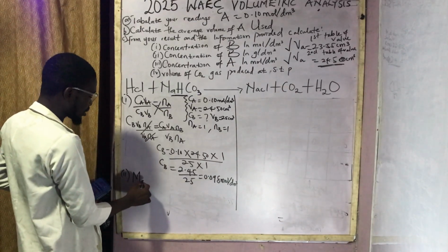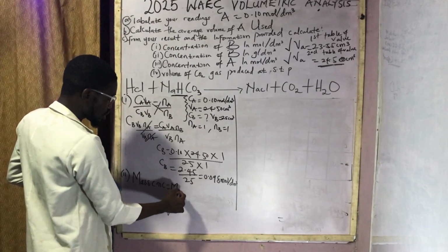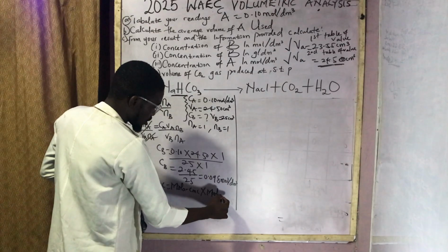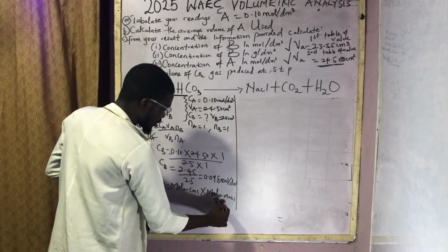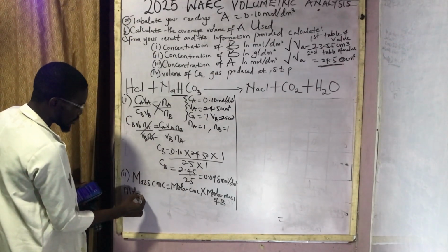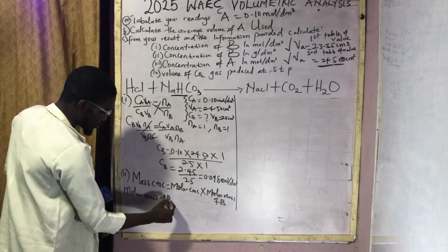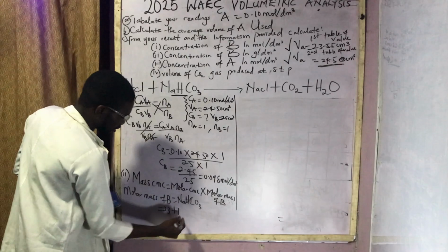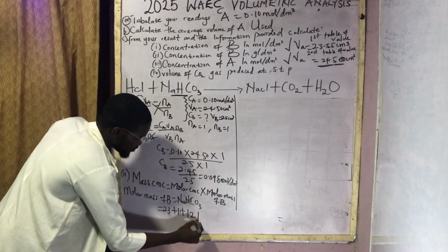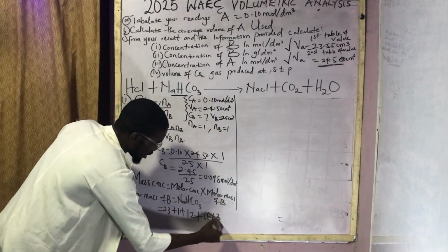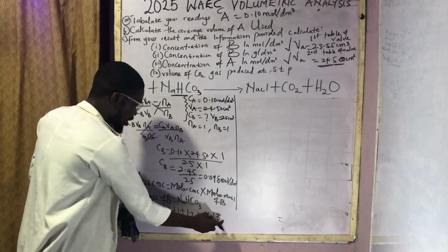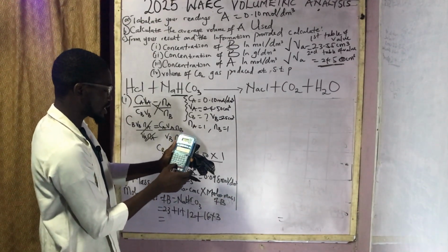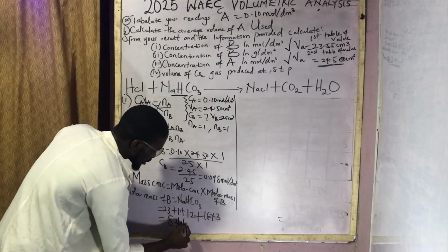For that, the mass concentration is equal to the molar concentration multiplied by the molar mass of B. The molar mass of B, sodium bicarbonate, is sodium 23 plus 1 plus 12 plus 16 times 3, which is 48. So 23 plus 1 plus 12 plus 48 gives us 84 gram per mole.